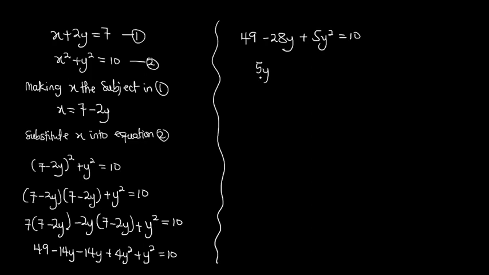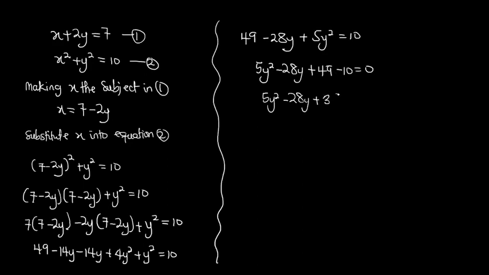So I have 5y squared minus 28y plus the 49 here. Then I bring the 10 over to this side of the equal to sign, so it becomes minus 10 is equal to 0. So I have 5y squared minus 28y plus 49 minus 10, which will give me 39. So over here I have 39.